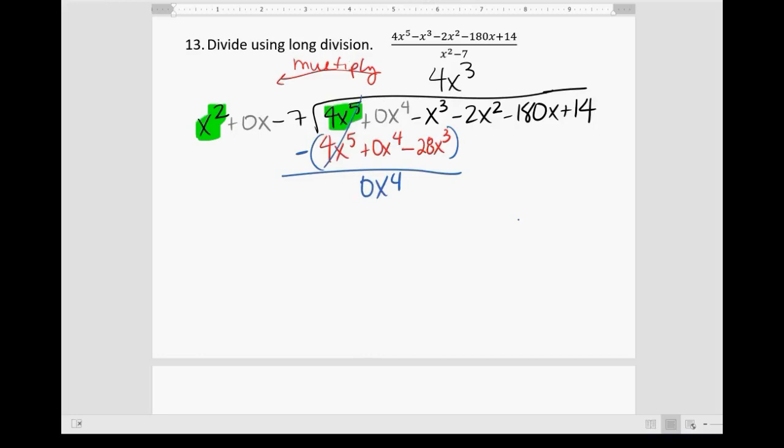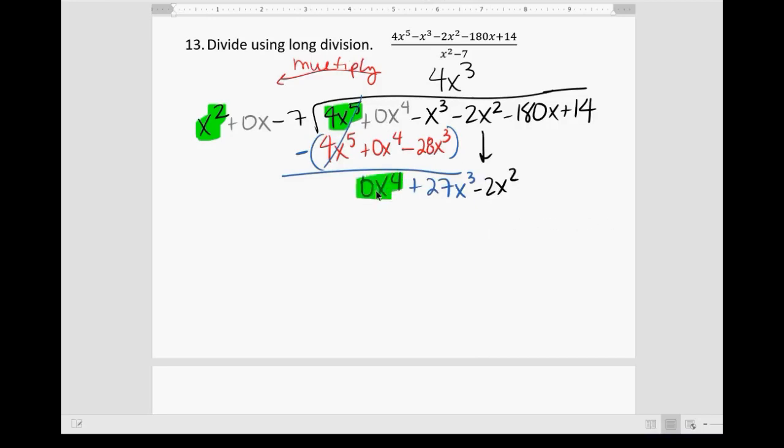And then negative x to the 3rd minus a negative 28 is the same thing as negative 1 plus 28, which is positive 27x to the 3rd. And we're going to bring down that negative 2x squared. Okay, so now we're going to go again.